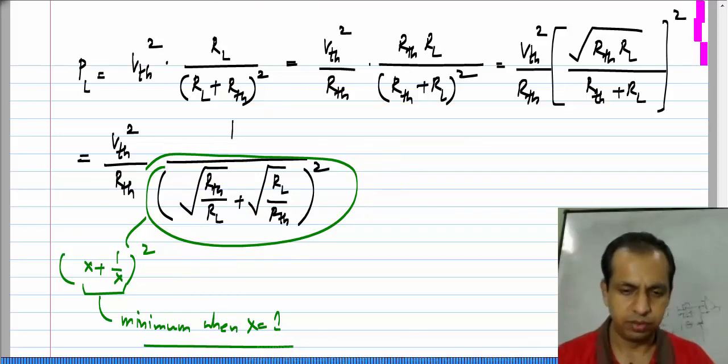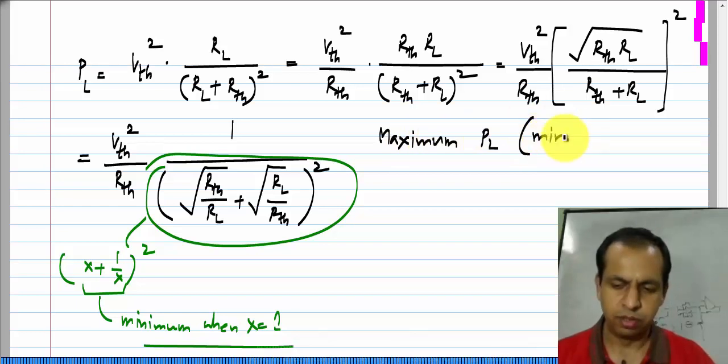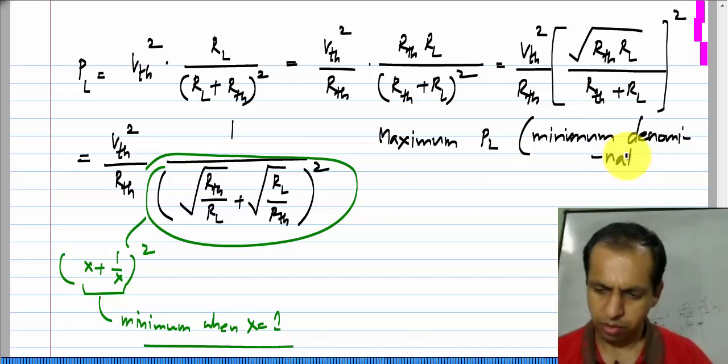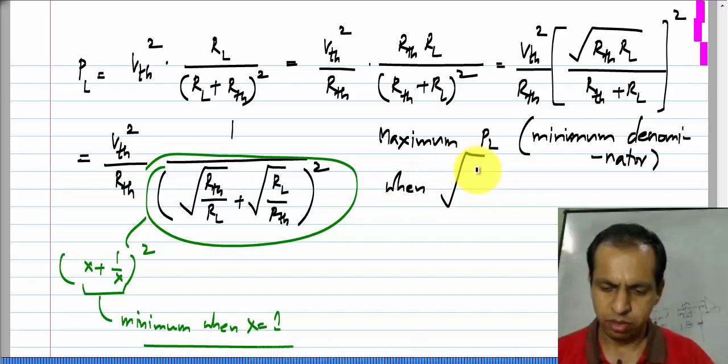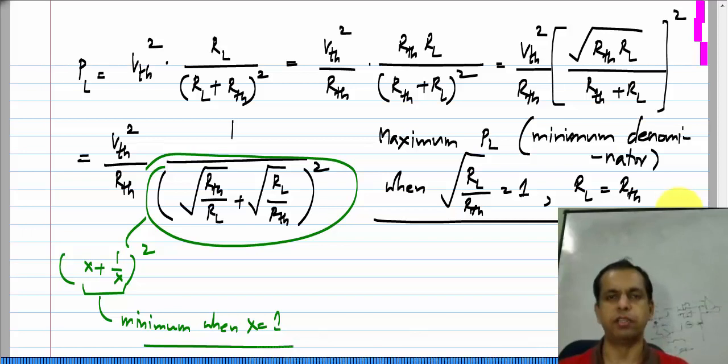In other words, the maximum of PL, which occurs when the denominator is at its minimum, is when square root RL by RTH is 1, or RL equals RTH. So, another way of deriving the same result.